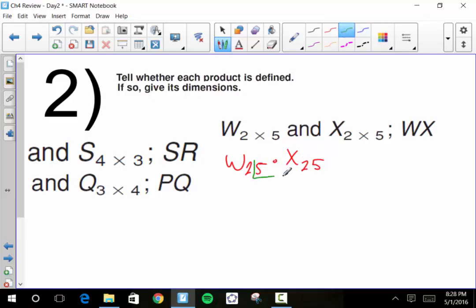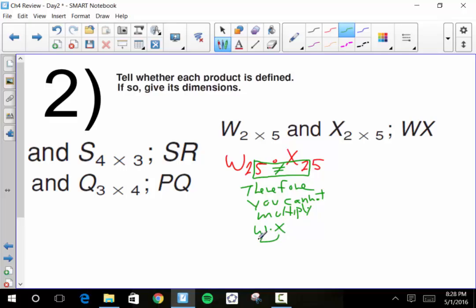Once you have it in the right order, we just look at these inner numbers. Notice that these are not equal. Therefore, you cannot multiply W times X.